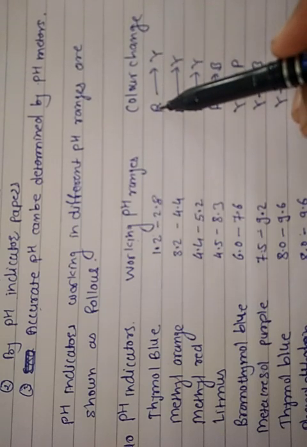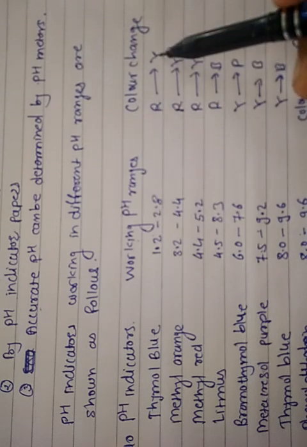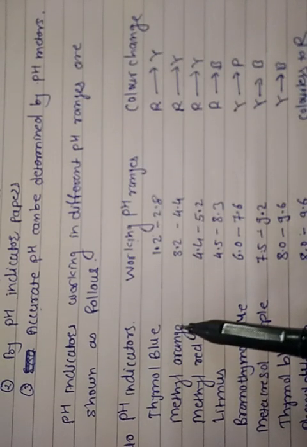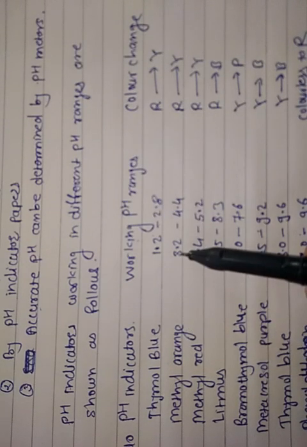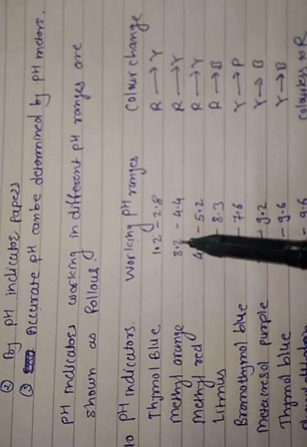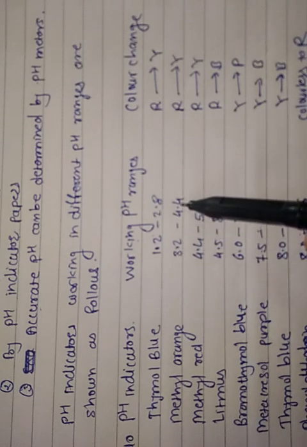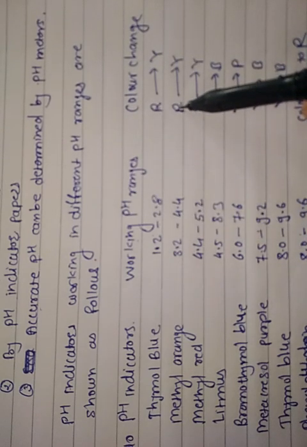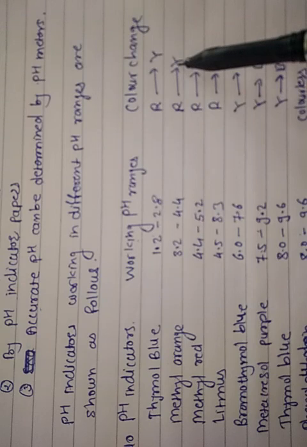R stands for red and Y stands for yellow. Methyl orange is an indicator working at 3.2 to 4.4 pH range, and at this pH range it turns from red to yellow color.